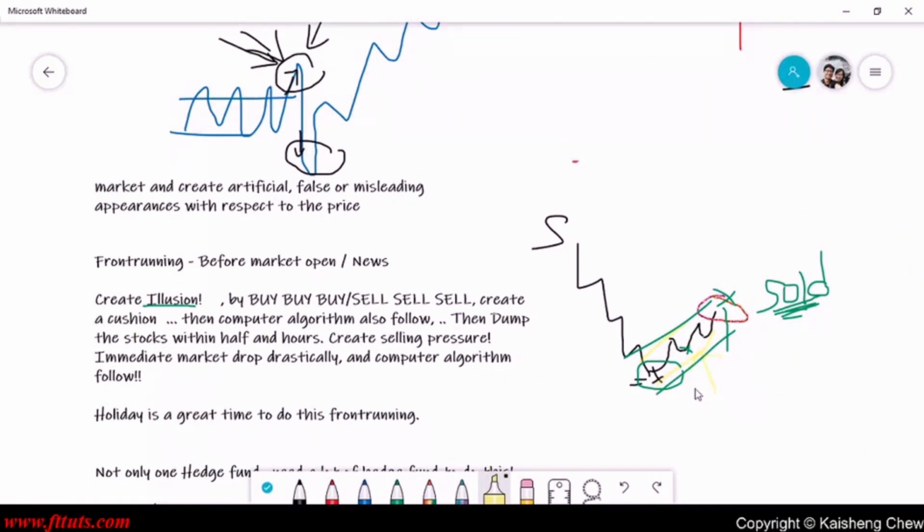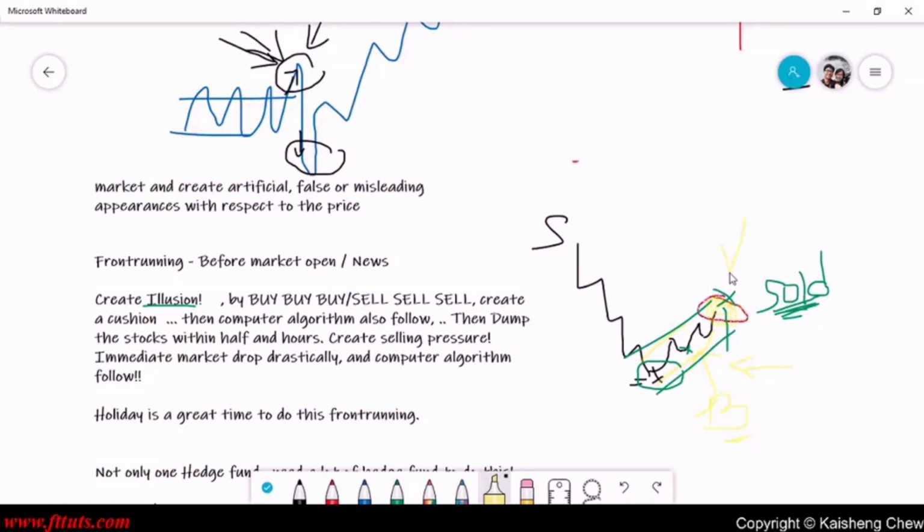When they receive a buy signal over here, because now it's an uptrend, the robots will buy. Not only the robots, but also retail traders who are not using a computer algorithm will come in and buy, especially over here.